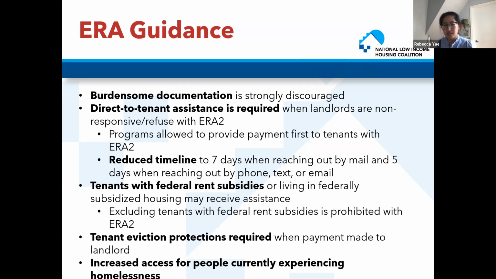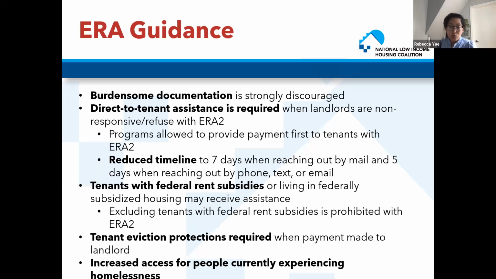American Rescue Plan Act. So Treasury strongly discourages burdensome documentation requirements and has offered documentation alternatives like the use of self-attestation, categorical eligibility, and fact-specific proxies to qualify tenants without source documentation.